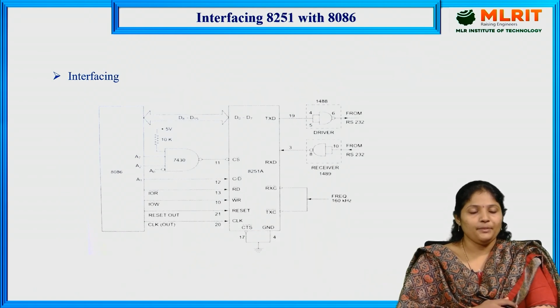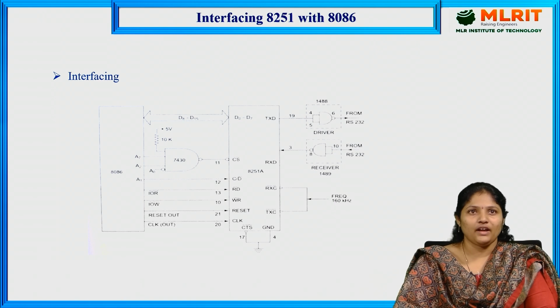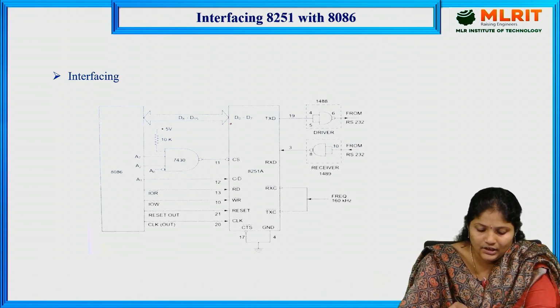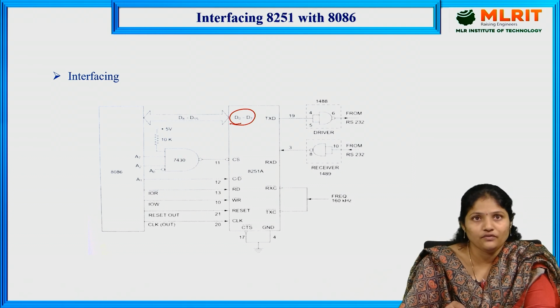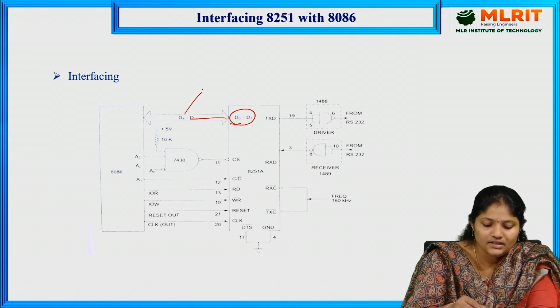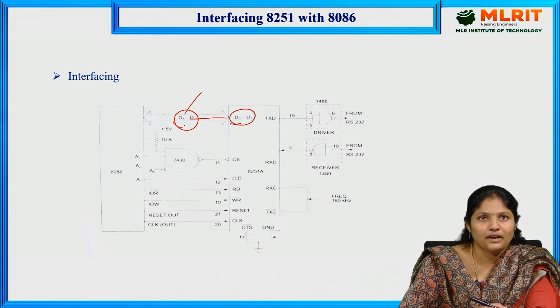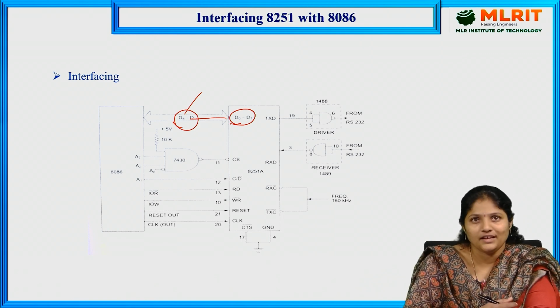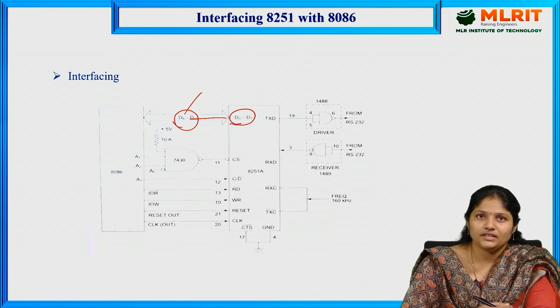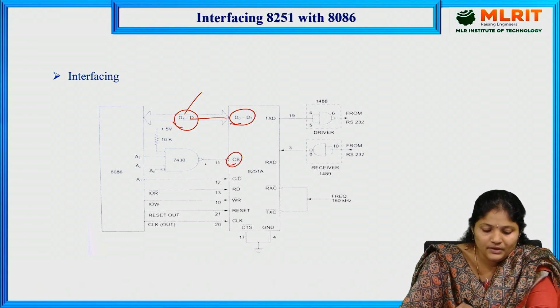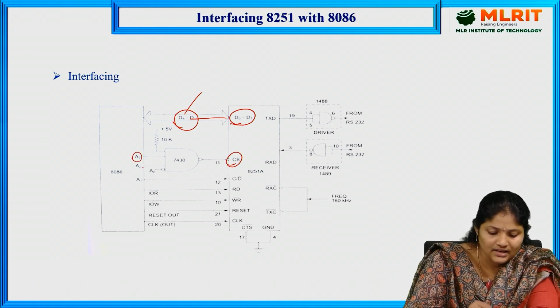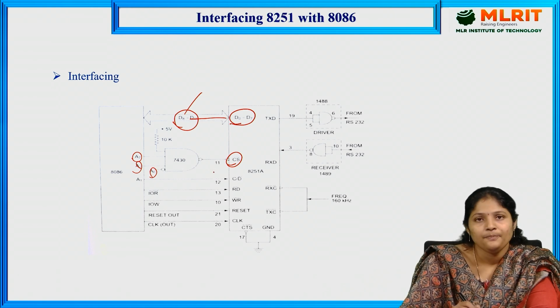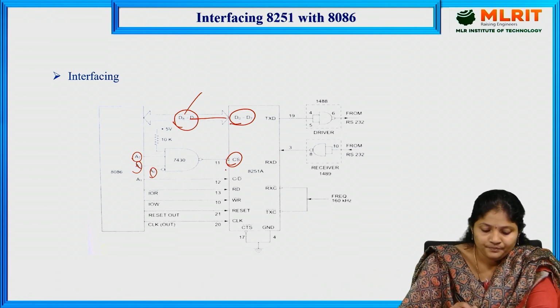Coming to the interfacing of 8251 with 8086, as I told you, D0 to D7 of the 8251 will be connected with the system bus. The higher byte of the system bus, D8 to D15, will be connected to the D0 to D7 data buffer of 8251. The chip select will be decided by the address lines A7, A2 and A0 by using a 7430 NAND gate.